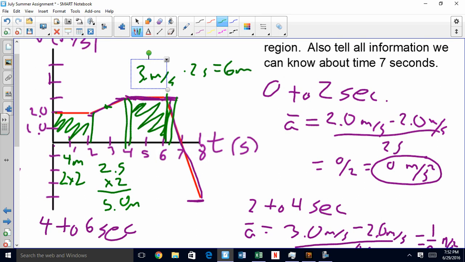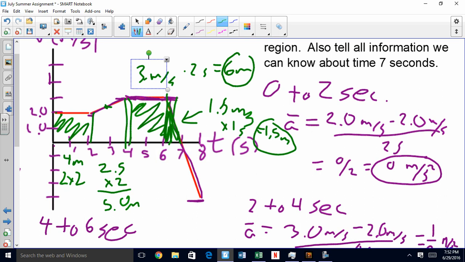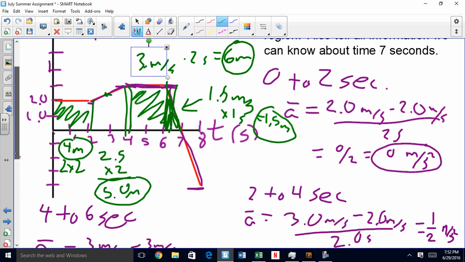If we look at this region, we'd have an average of 1.5 meters per second times 1 second, which would be 1.5 meters. I know this is messy. 1.5, 6 would make 7.5, 5 would make 12.5, and 4 would make 16.5.